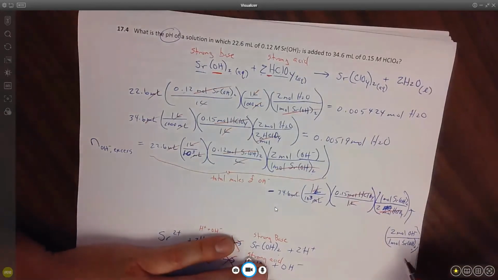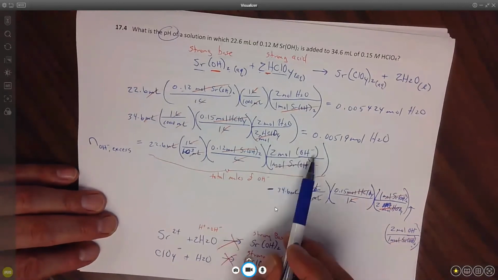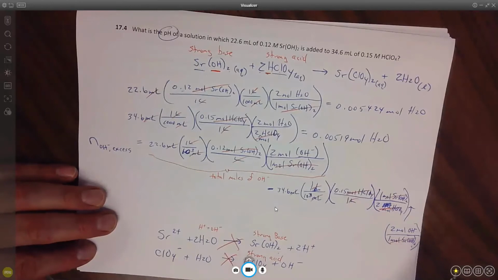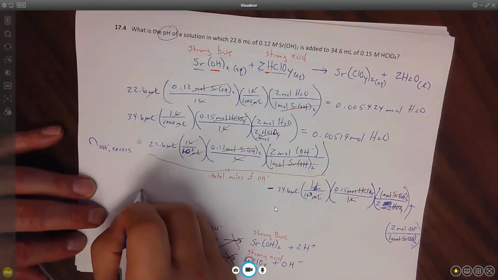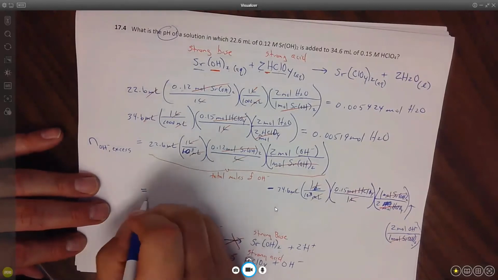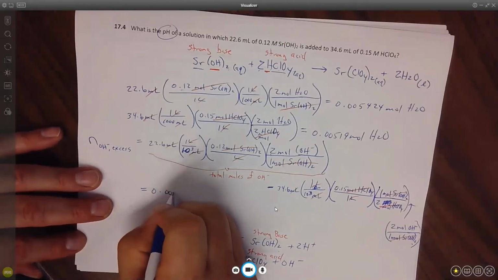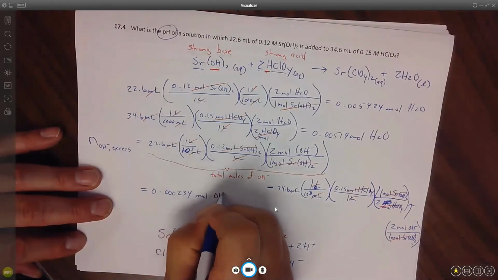So now the moles of strontium hydroxide cancel, and I have moles of hydroxide minus moles of hydroxide. So this is going to equal then 0.000234 moles of hydroxide.